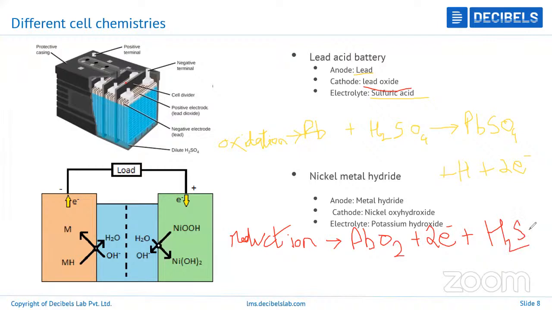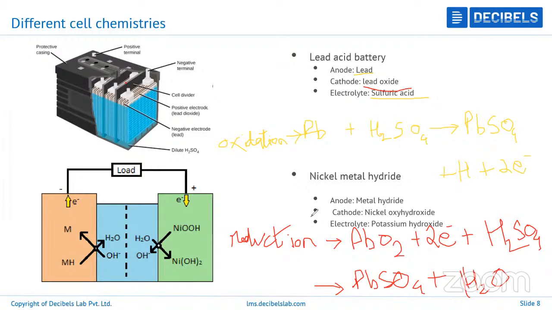So the electrolyte reacts with both the anode and the cathode. Once again, lead sulfate, PbSO4, is formed, plus H2O. Water becomes a byproduct here, and this is your reduction reaction.